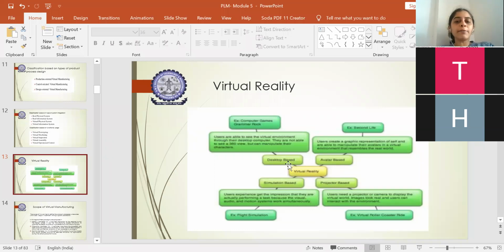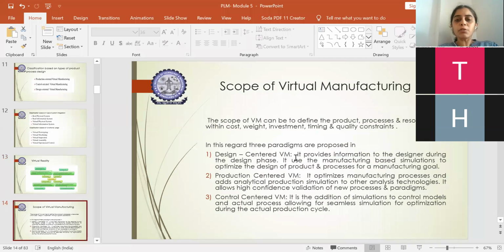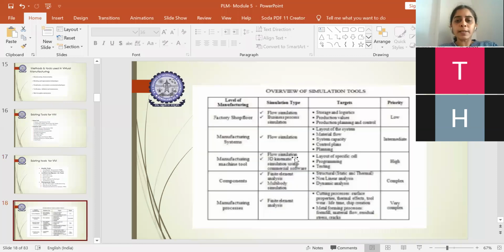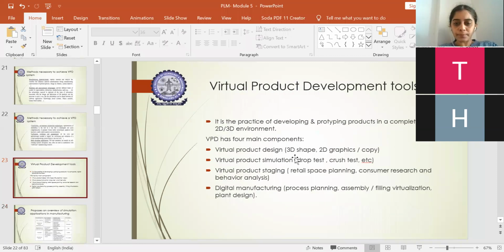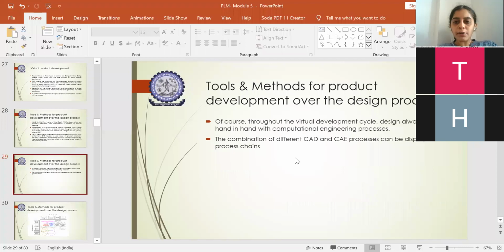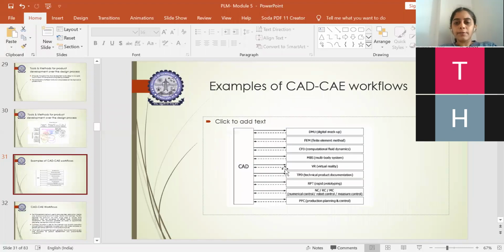It could be connected with respect to desktop, or with respect to screen, or with respect to simulation, or with respect to the avatar based. So I have explained these to you already, how the virtual environment will be interlinked to a medium in which it could be displayed. Okay, so all these things will then be connected with our virtual reality environment.